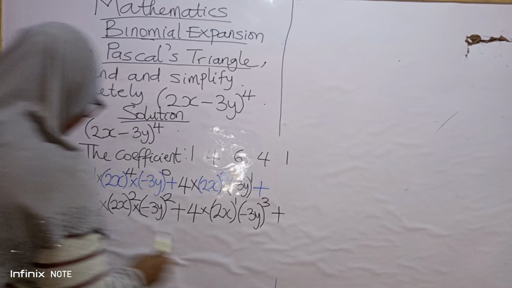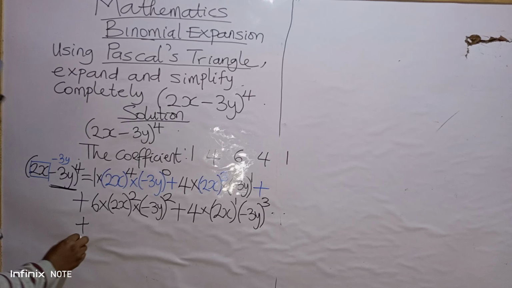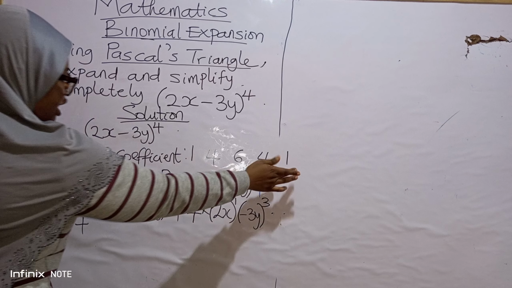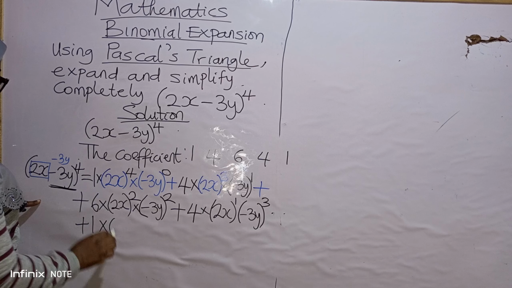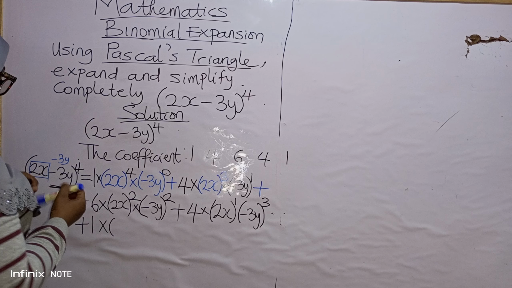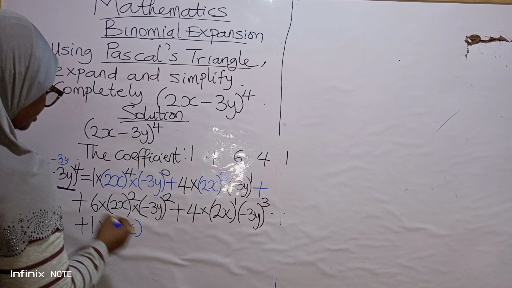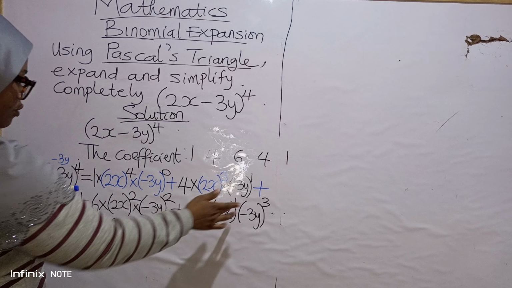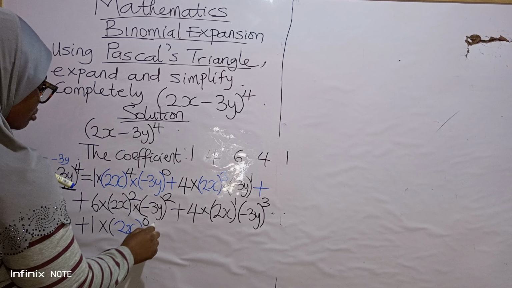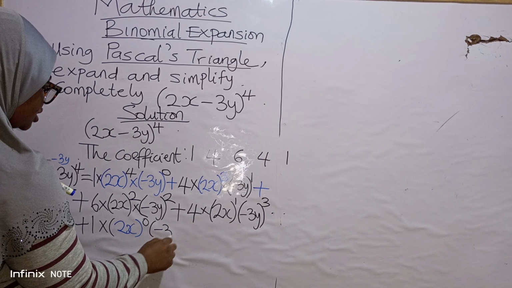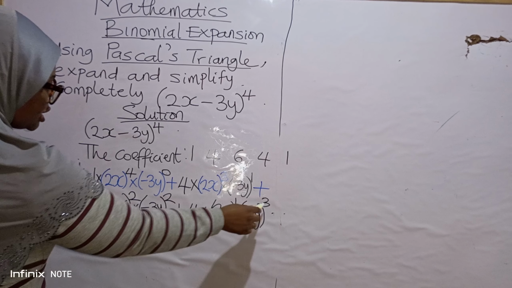Plus the last coefficient is 1, multiplied by the first term, and our first term is what? 2x raised to the power of 0, decreasing, multiplied by the second term, minus 3y raised to the power of 4, increasing.